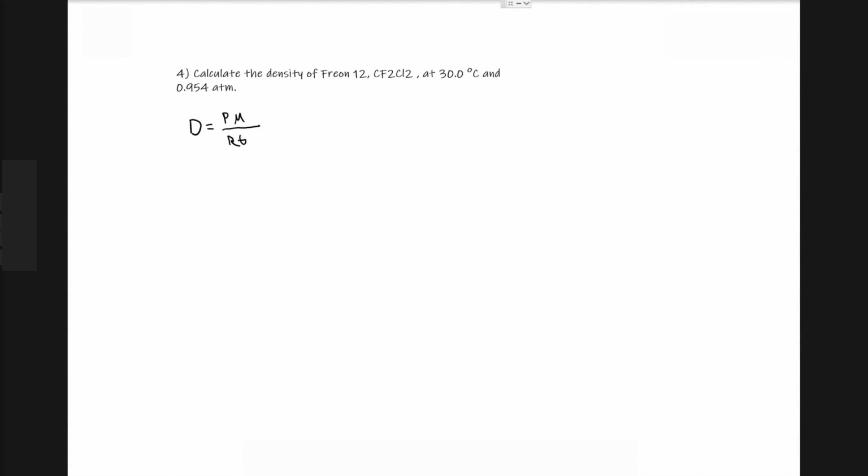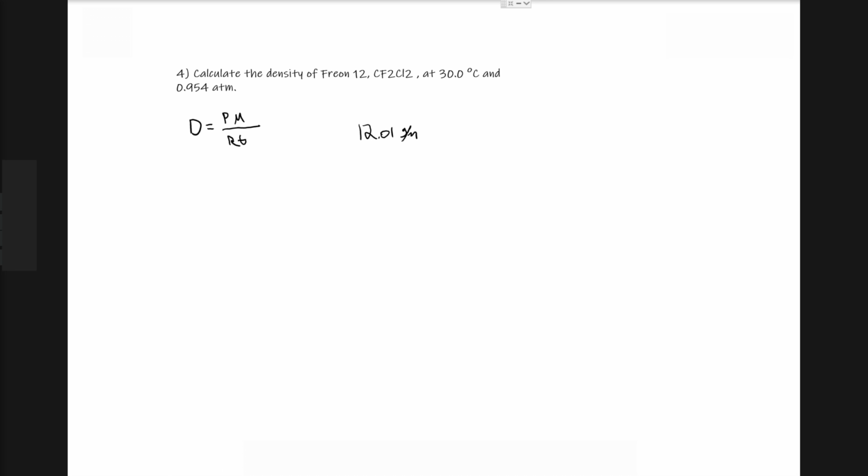First thing that we need to do is find the molar mass, excuse me, we need to find the molar mass of CF2Cl2. And in order to do that, just pull up a version of the periodic table, and we're going to plug in the molar mass of those various elements and add them all together to see what we have. So we have CF2Cl2. Carbon is 12.01 grams per mole.